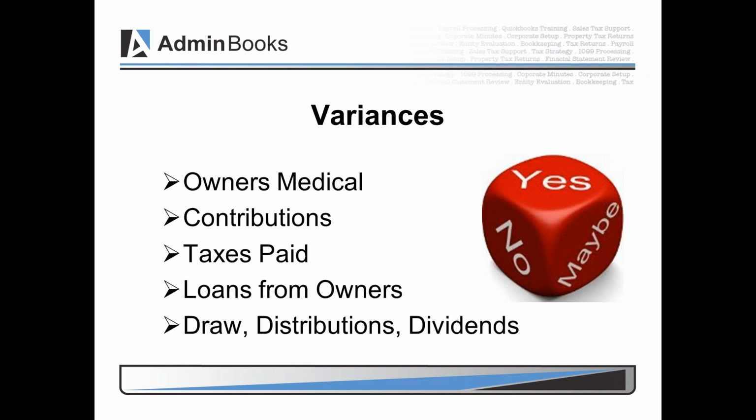If you are a sole proprietorship, owner's medical, you can pay it out of your business account, but that is a below the line item, meaning it's not directly related to a deduction for your Schedule C, which is a sole proprietorship tax form.